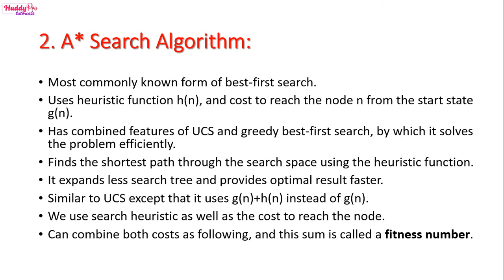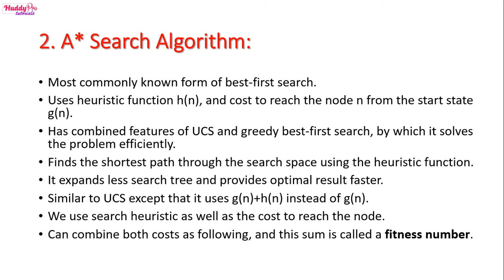It has combined features of uniform cost search and the greedy best first search algorithm, by which it solves the problem efficiently. Now, this A* search algorithm finds the shortest path through the search space using the heuristic function.